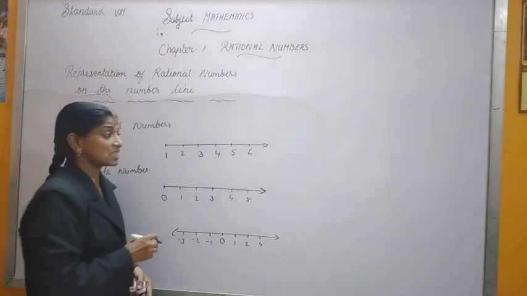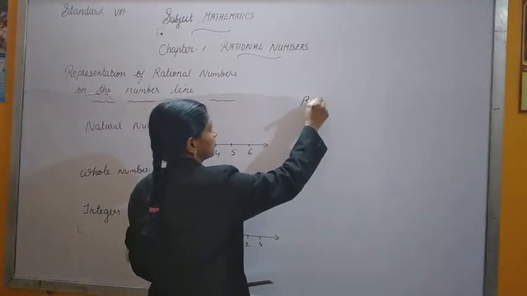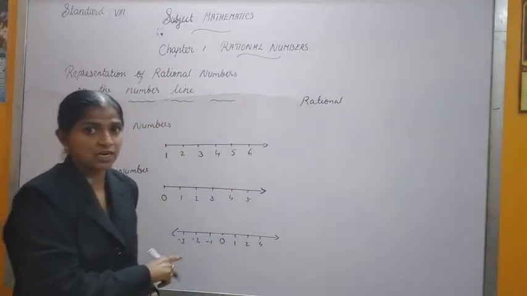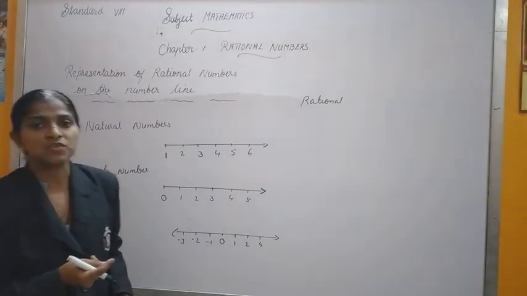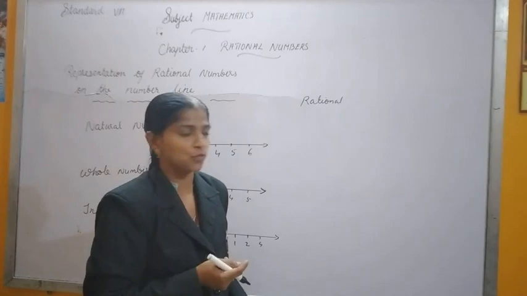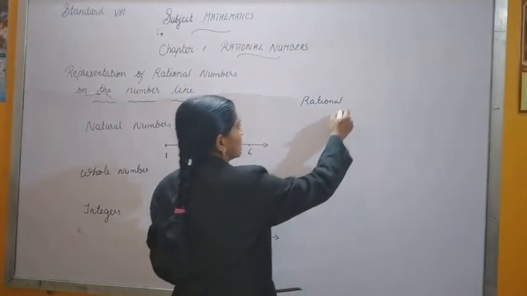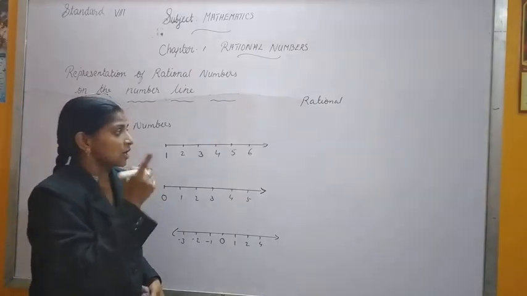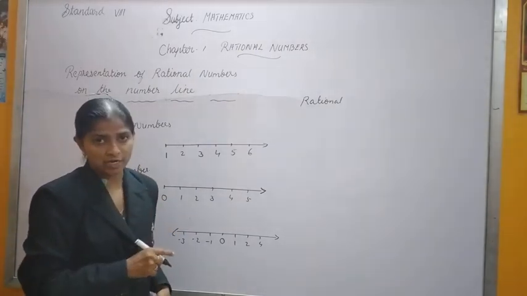Then next is rational numbers. We know all the integers are rational numbers. With that, the numbers which we can write in p upon q form. There are infinitely many rational numbers between any two given rational numbers.